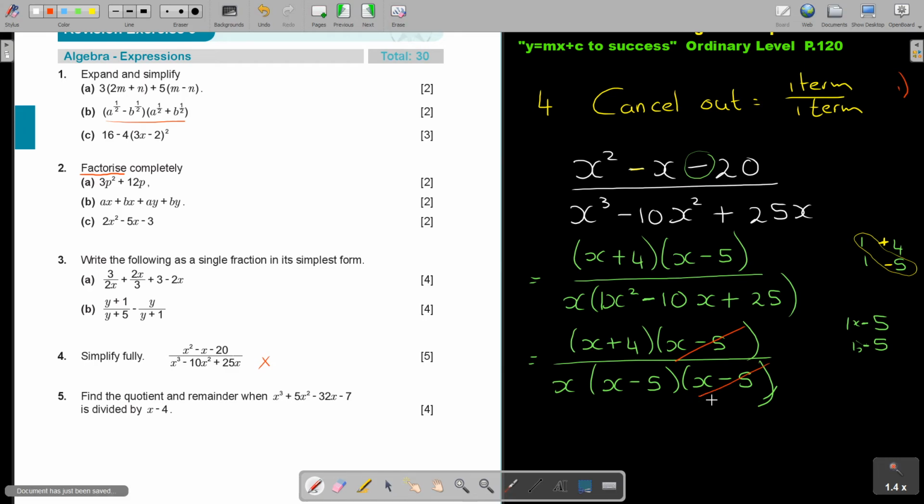Okay, it's like a copy of the other one. And then what will be left? It will be just the top bracket. You can put a bracket around x minus 5, but it's not necessary.